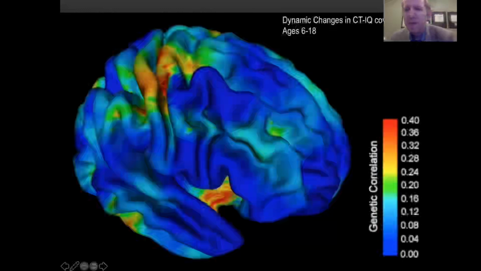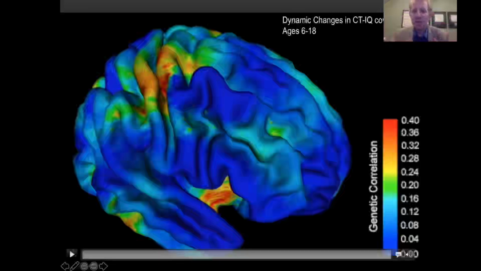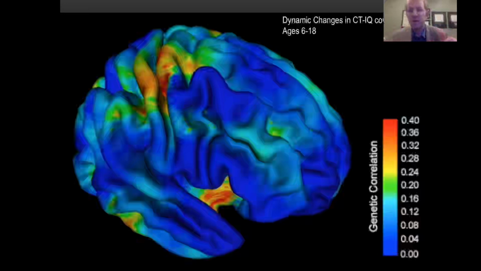So we can actually repurpose our bivariate models. Instead of looking at two different brain regions, we look at the brain region over time longitudinally plus IQ. And so this is how the genetically mediated correlations over time between cortical thickness at many different time points, many different spatial points, and full scale IQ.